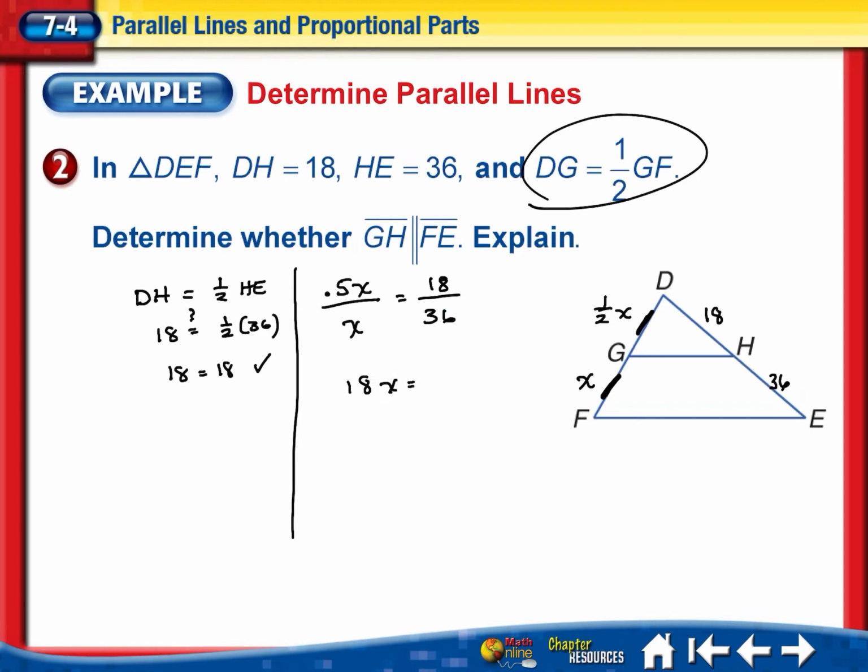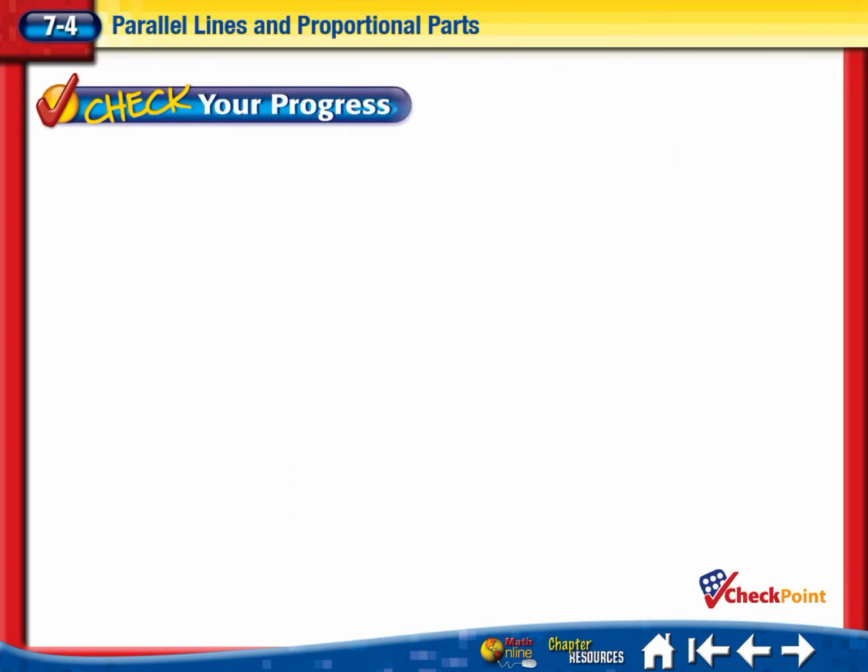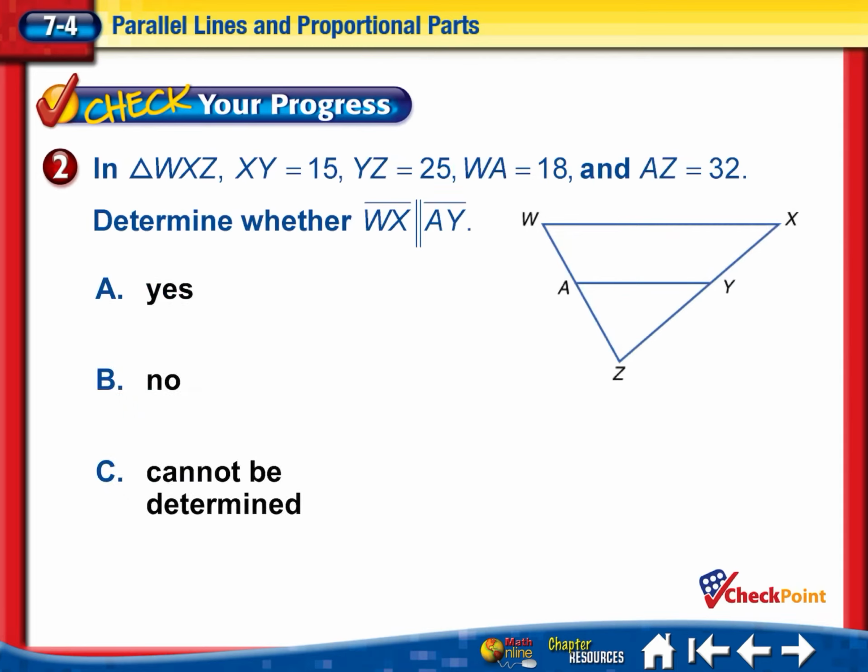Again, we're going to cross multiply, so 18x equals 0.5 times 36x. 18x equals half of 36 is 18x. So again, it works out. So that one is also true. All right, so try the your turn, pause the video, come back, we'll finish that one up.